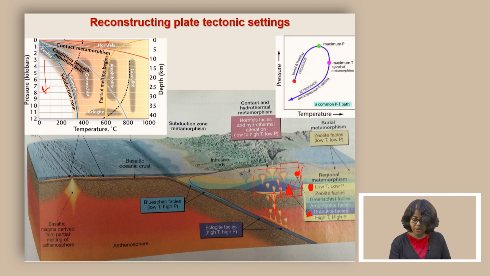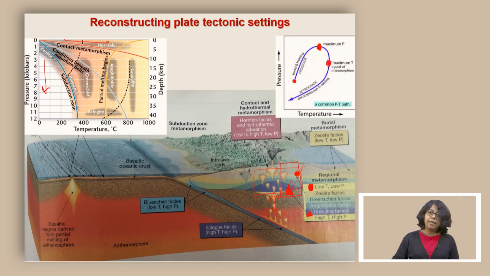You can start with a rock which started here and got buried and then experienced increasing heating. So, that means it is moving from this point along an increasing pressure and temperature path. Probably it reached somewhere here, which shows the maximum pressure, and eventually a drop in pressure but an increase in temperature, and therefore it reaches the maximum temperature, which can be considered the peak of metamorphism.